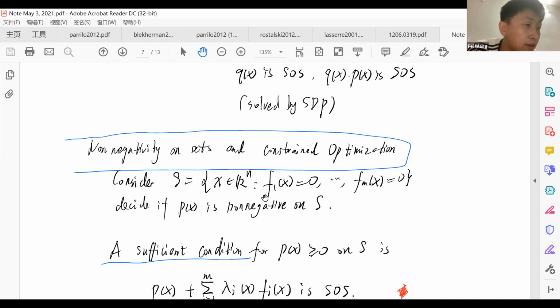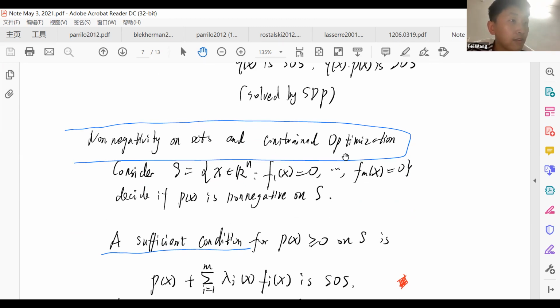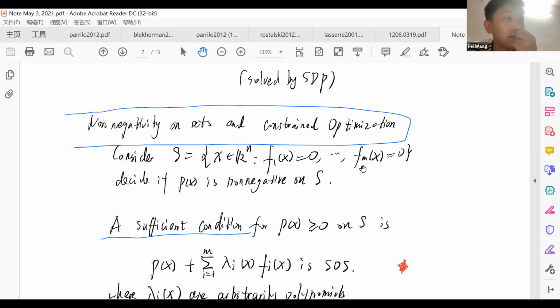Now I want to talk about non-negativity on a set, and constrained optimization. Before, this was unconstrained optimization. Now let's talk about constrained optimization, so there are two parts: a sufficient condition and a necessary condition.